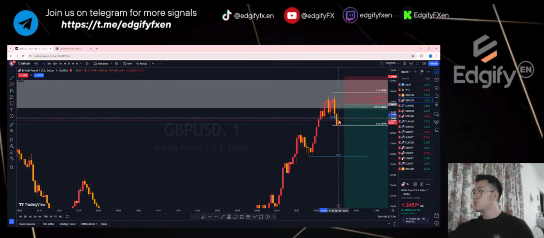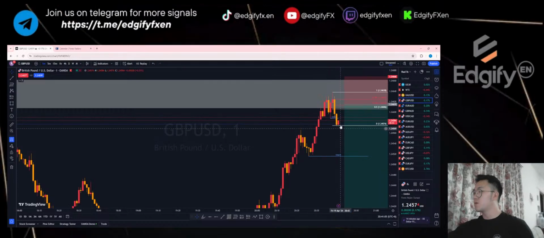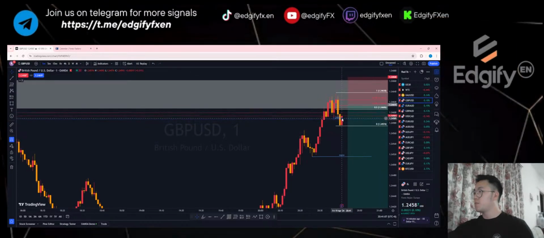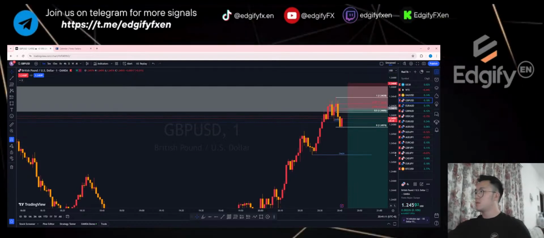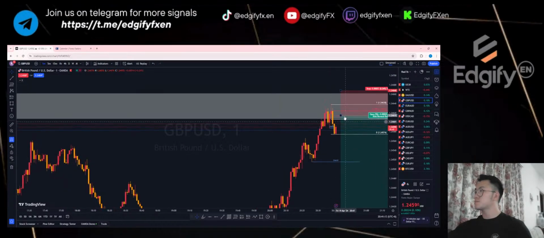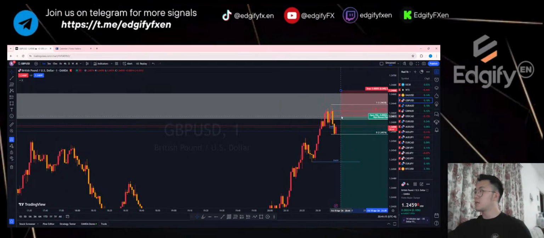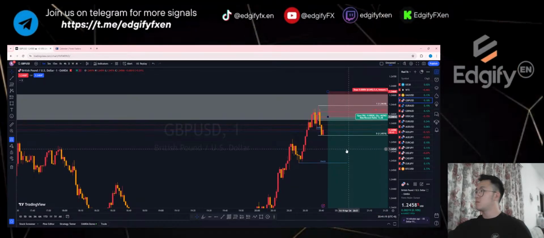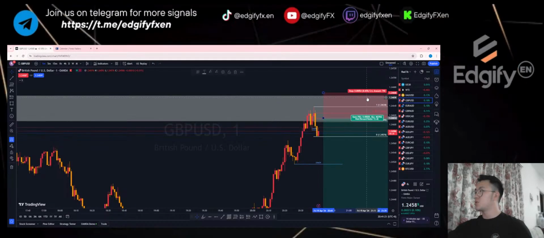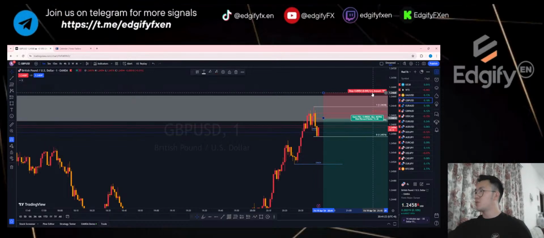This one here would be a little aggressive, but I'm not hopping in yet. I'm just marking out to see where I need to look. If you look at this one, the stop here is only a 5 pip stop.